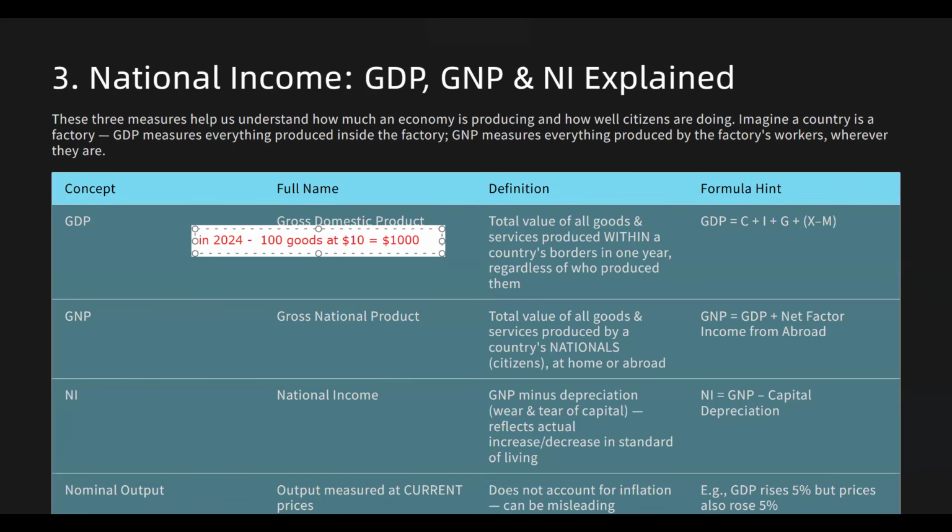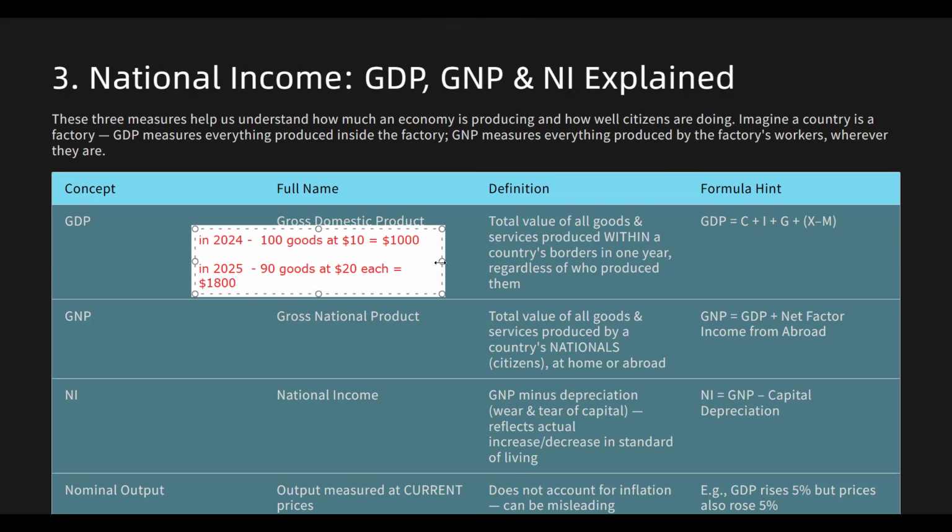So that was my GDP. In 2025, I had 90 goods at $20 each, which will work out to 1,800.